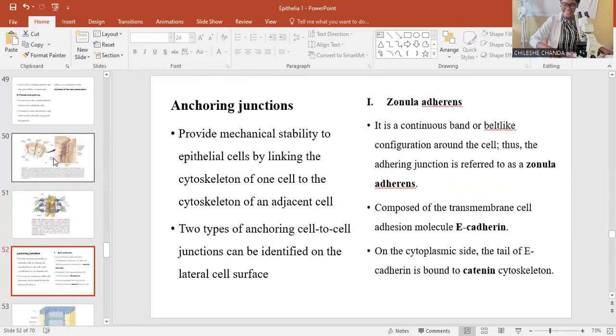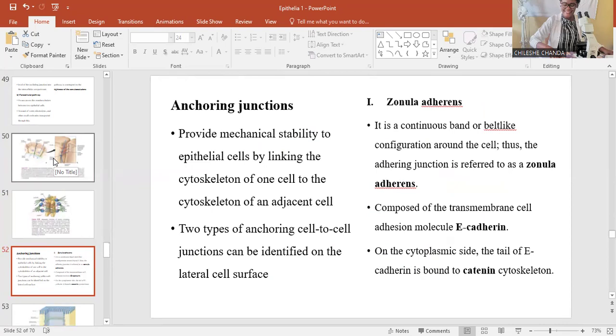Okay, and then we have anchoring junctions. We had first occluding junctions, under which we have talked about the zonular occludens, also known as the tight junctions. All right, now we have anchoring junctions. Remember, we are talking about specialization or modifications of the lateral sides of the cells.